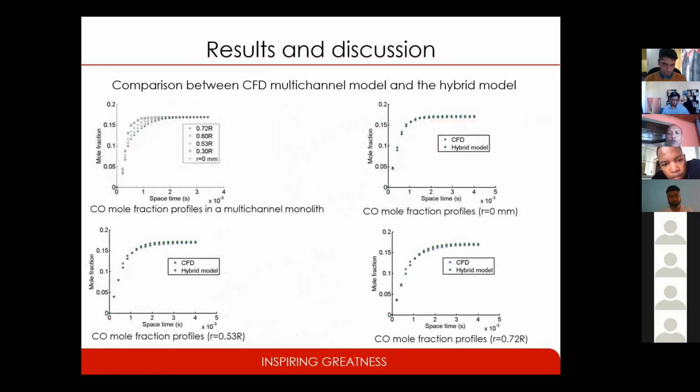Now, I just showed you the comparison between temperature profiles, but we wanted to check whether this will also agree when we look at the species mole fraction profiles. In this case, I just chose one species, which is carbon monoxide, but in my dissertation, I showed all the species. Even for the species mole fraction profiles at various radial positions, the multi-channel and the pseudo-homogeneous or hybrid model still show a close agreement between the two models.